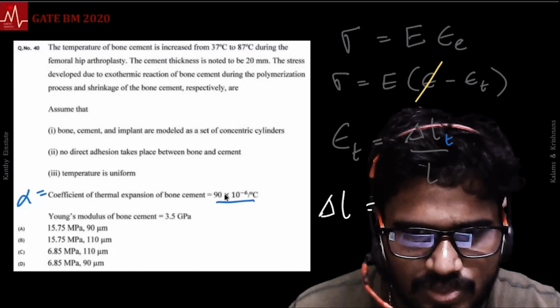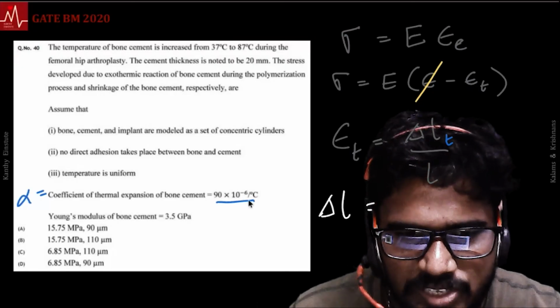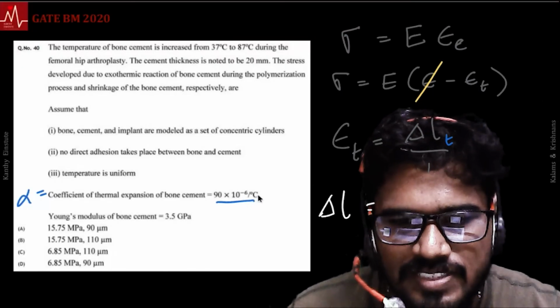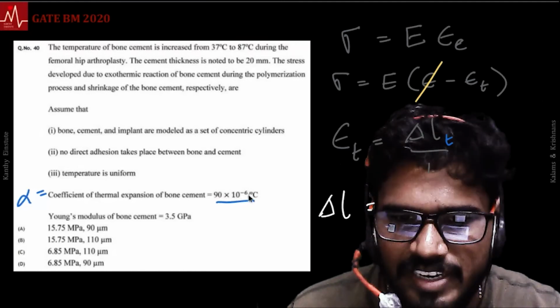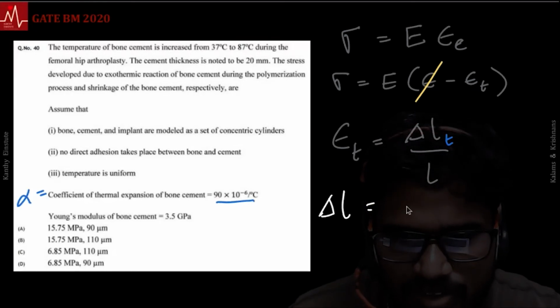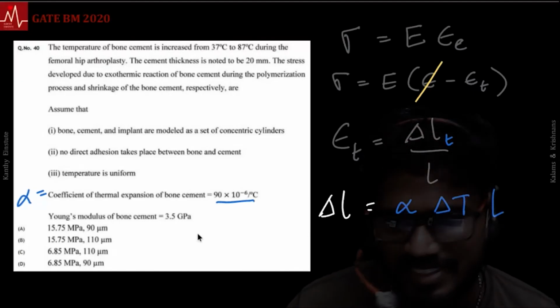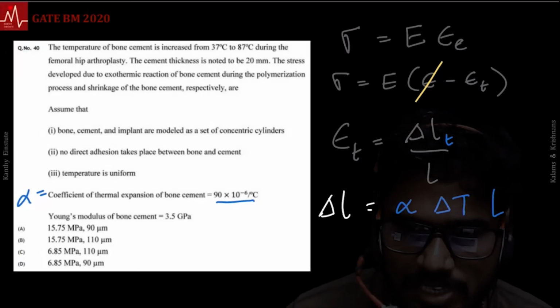Even if you don't know the relation, I can write it down based on the units: per unit degree Celsius, this much change, right? What you need is a change in length. So take this alpha, multiply by delta T, multiply by L, you get change in length. This is the thermal change in length.